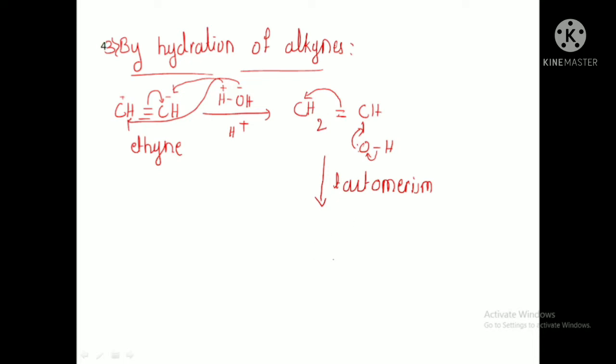So I will write over here CH as it is, double bond O, this bond will break and you will get H plus. This H plus will attack this carbon atom, CH2 minus is there, or this carbon atom attacks H plus and it forms CH3CHO. This is aldehyde.